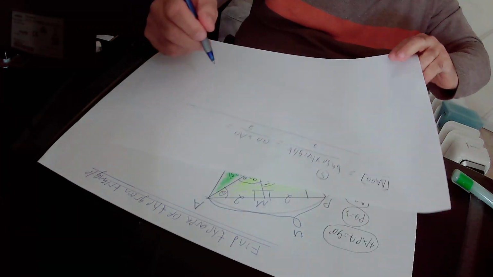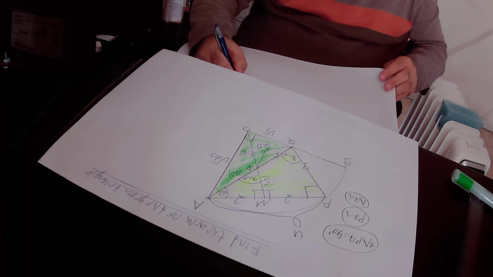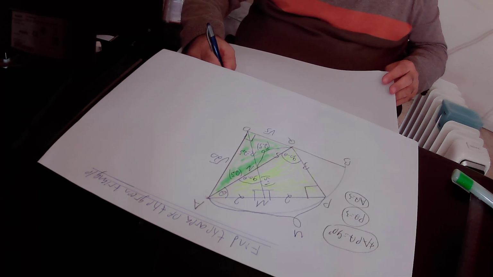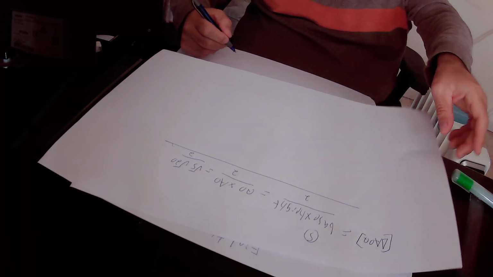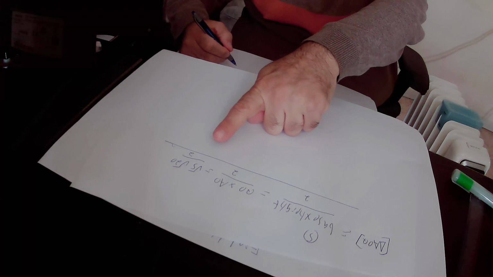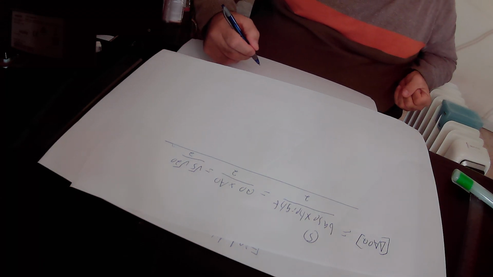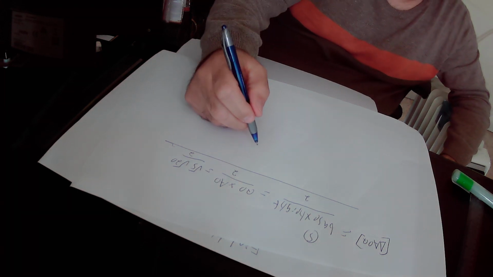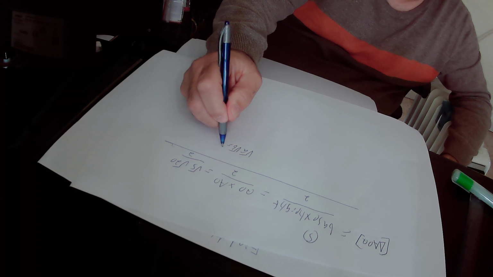QO equals the square root of 5 units. AO equals the square root of 20 units, all divided by 2. We have the algebraic identity that the square root of A times the square root of B equals the square root of AB.